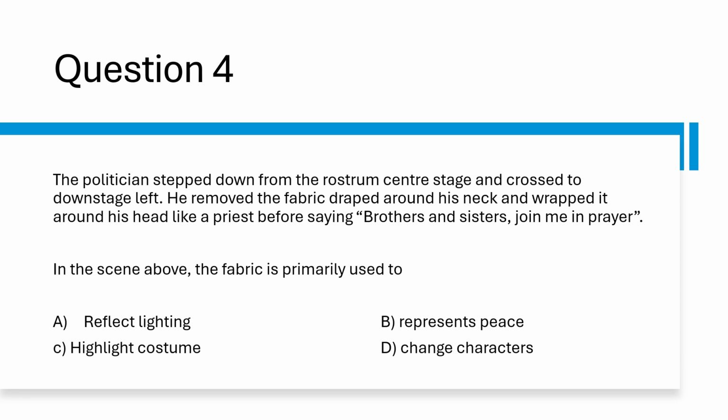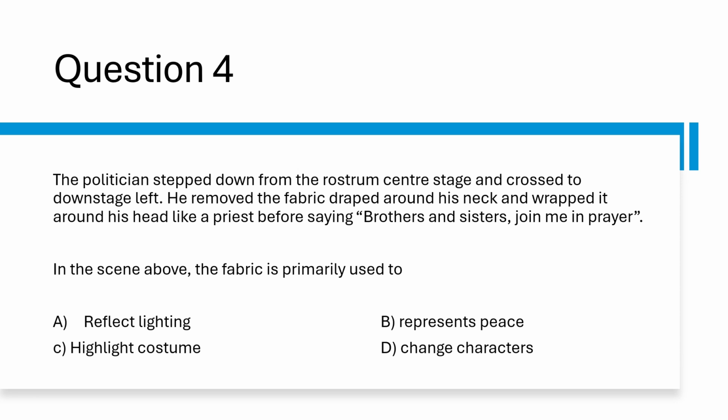At what point was the fabric brought into play? And so the fabric was brought into play when the politician got downstage left, right? So we understand from what is happening here that the actor started out as a politician who was at a rostrum, and he removed himself from that rostrum that was center stage and he walked to downstage left.